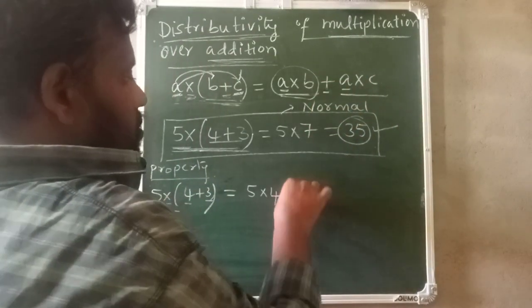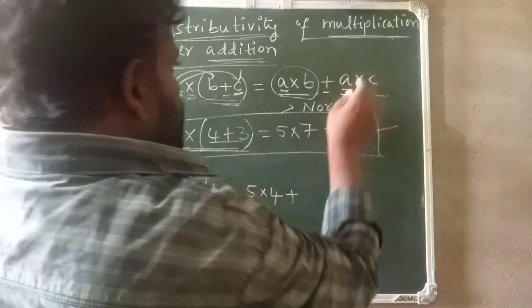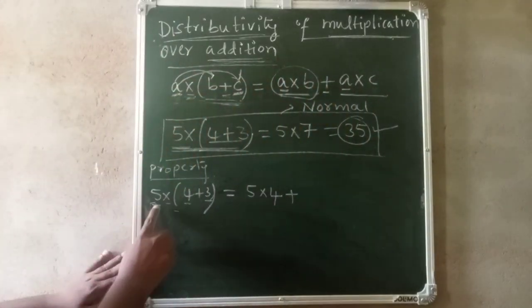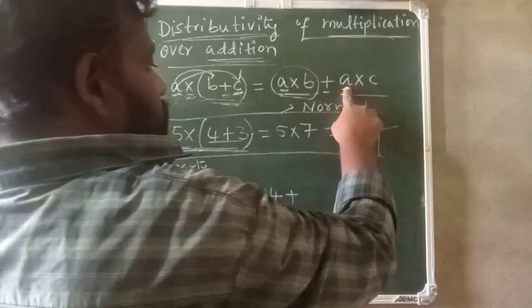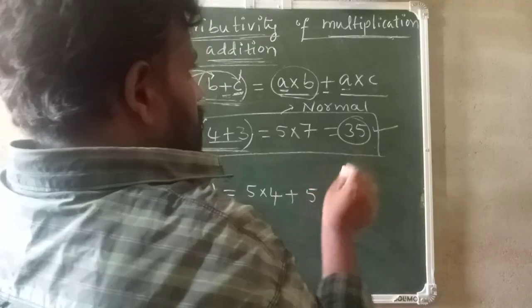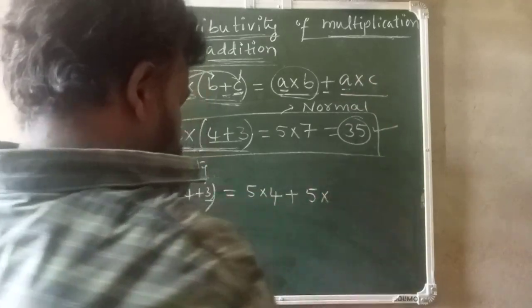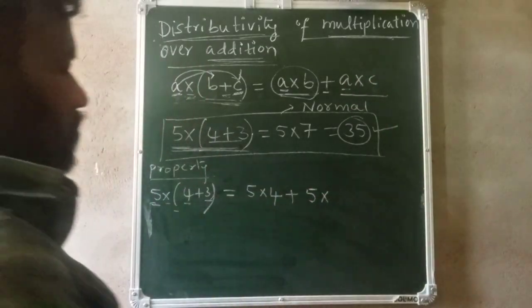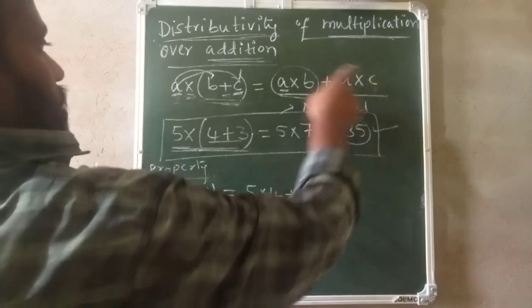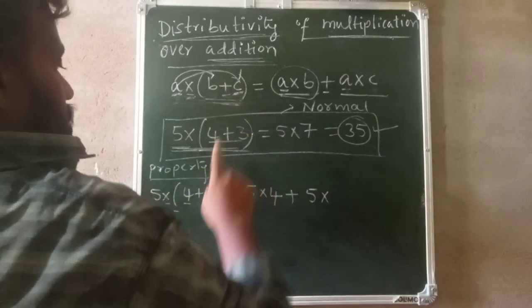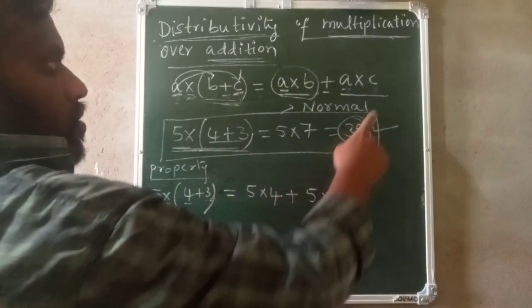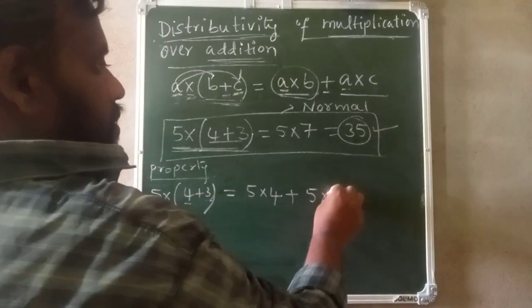Next plus A into C. In place of A write 5, into C. In place of C we have 3, so write 3.